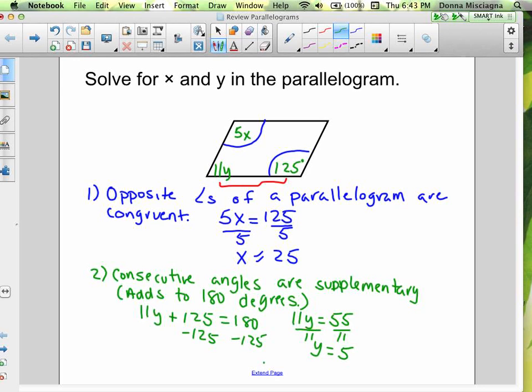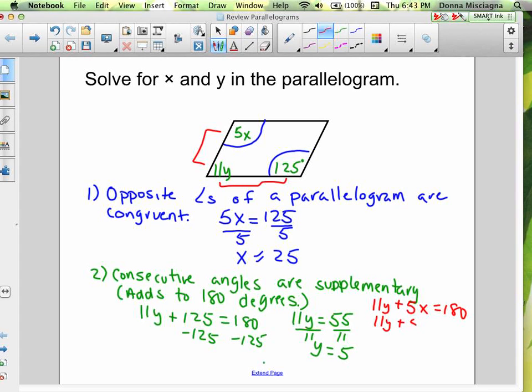Now you might wonder, would it work if we used the other pair of consecutive angles, these two here? And yes, it would work. We would just have to plug in for x. All right, so let's just see if that works. We'd have 11y plus 5x equals 180.